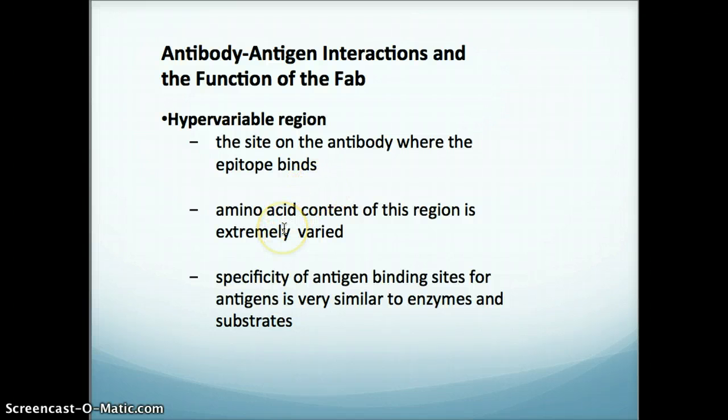And the amino acid content of this region is extremely varied, which makes sense when we realize that each of these antibodies is specific for one antigen. So that specificity of the antigen binding sites for the antigens is similar to enzymes and substrates. It's very specific, and it's for that one particular epitope.